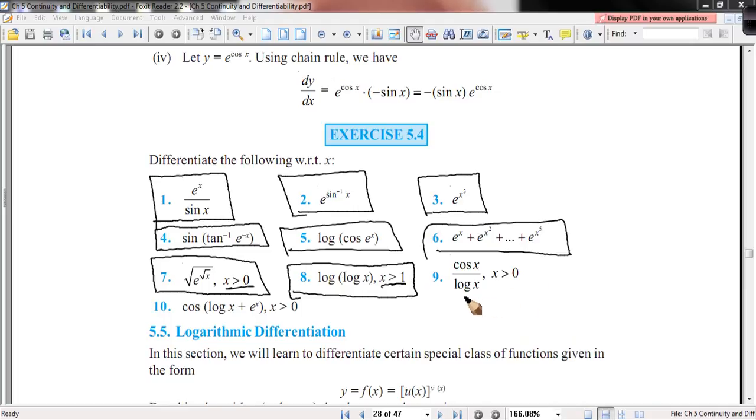Ninth question. Find the derivative of cos x by log x for x greater than 0.